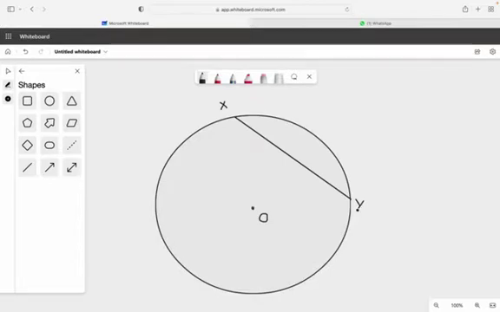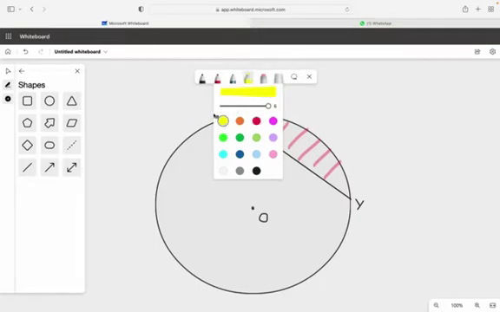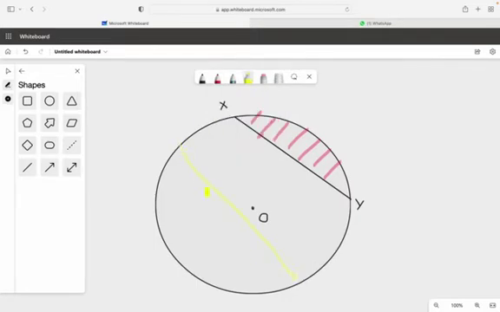Now here you need to understand what the major segment and minor segment are, correct? So this smallest part is called the minor segment, and the larger part of the circle like this is called the major segment.